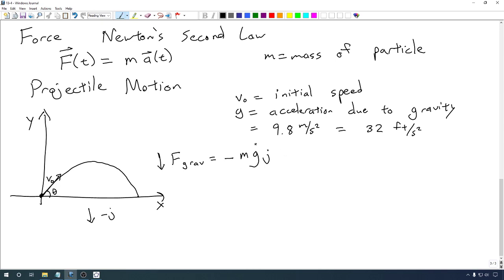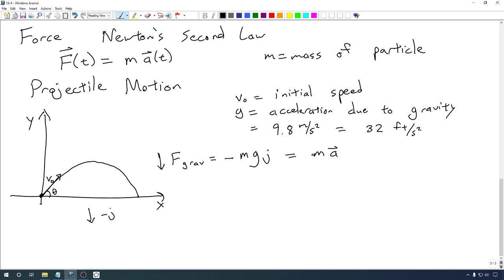But the point here is that the force of gravity is always going to be downwards, so the minus j, with a magnitude of mass times the acceleration due to gravity. Of course, that is equal to the mass times the acceleration vector.